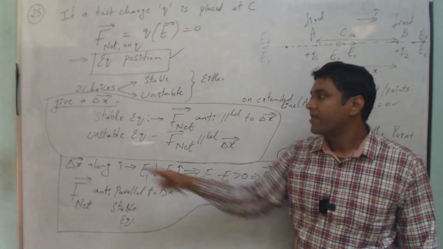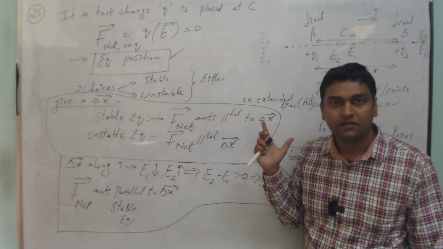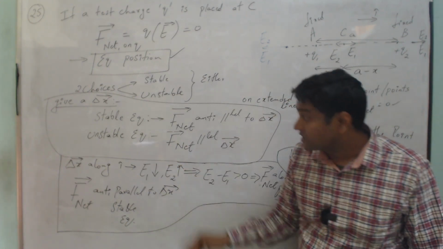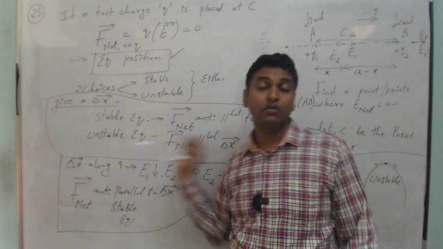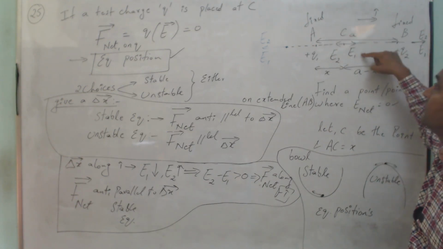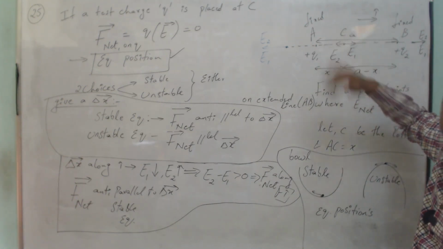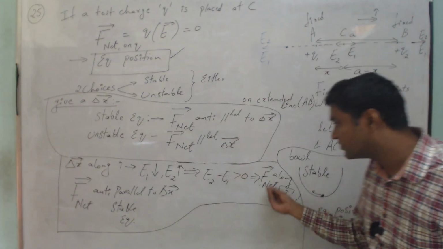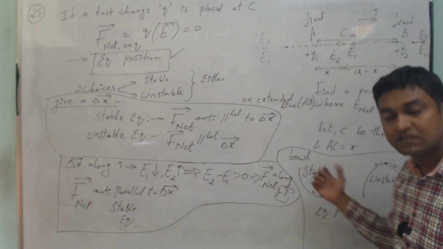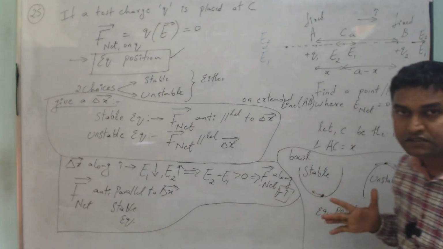And it's unstable equilibrium if the net force is parallel to delta x. Now, to study if it's stable or unstable, I said we have to individually study E1 and E2, which one is increasing, which one is decreasing, and intuitively figure out if the net force is along parallel to delta x or anti-parallel to delta x.